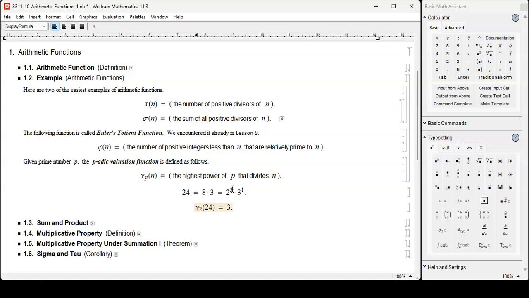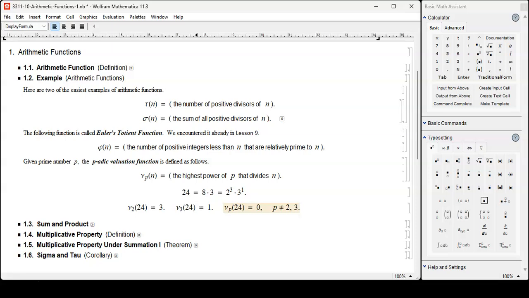If you go to the 4th power or higher, then 2 to the 4th power or higher will not divide 24. That's the biggest you can get. You're looking for that number there. Nu 3 of 24 is 1, as you can see over here. And then nu p of 24 is going to be 0 as long as p is a prime other than 2 or 3, because otherwise you don't have anything.